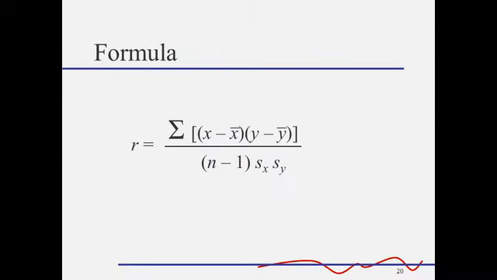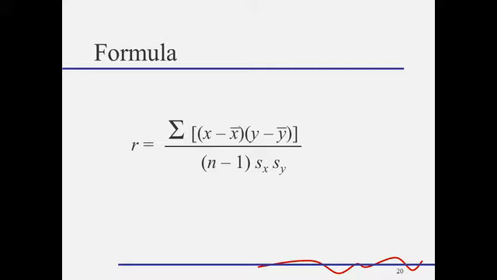This is the formula for the correlation coefficient, and you don't need to know this or use this formula. We have a calculator function that will compute this for us, and there's a separate video to show you how to do the calculations. If you want to learn to compute this by hand, you can see the steps in the book.